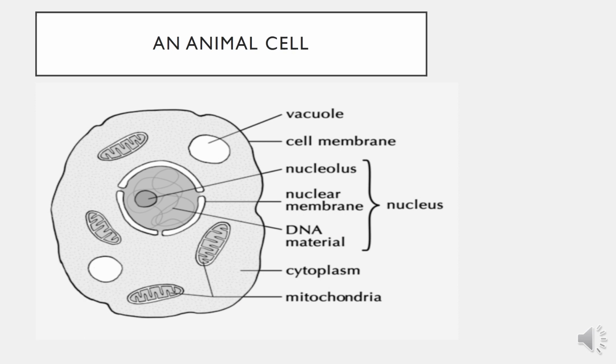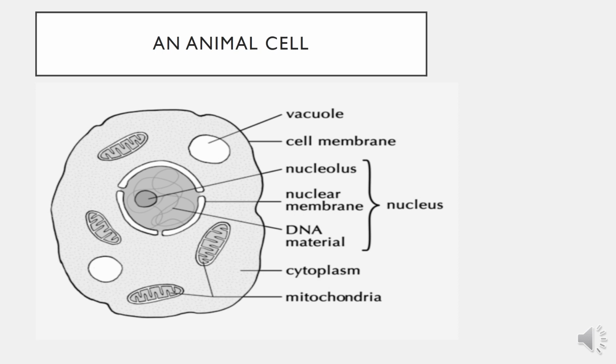Now an animal cell. In animal cell, we can see there are some parts that are also present in plant cell, that is vacuole, cell membrane, nucleus. We have discussed DNA, cytoplasm. These are also present in plant cell and animal cell.